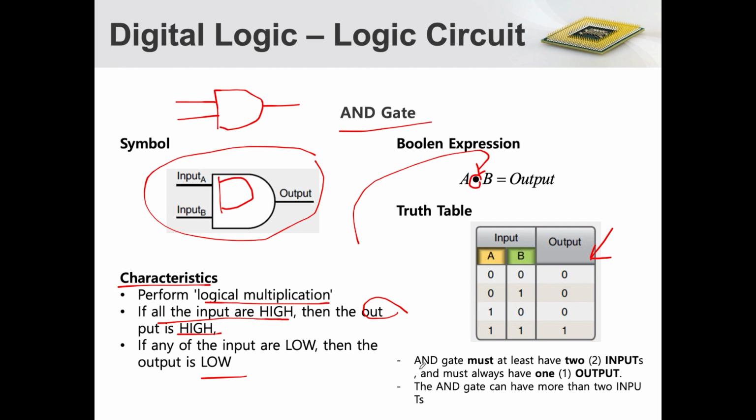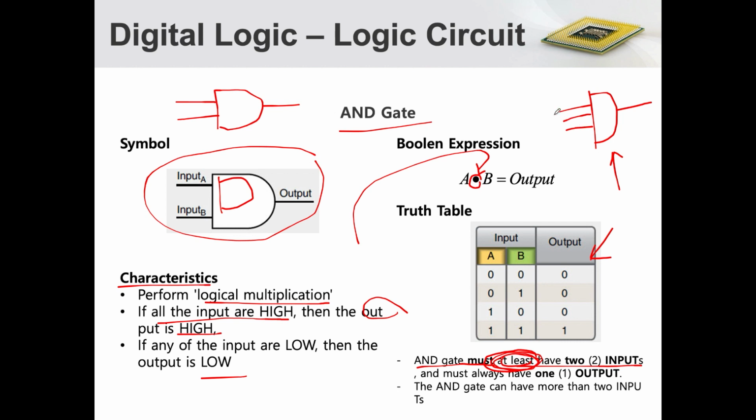And over here, an AND gate must have at least two inputs. So if you have, let's say, another example, you have this as output, and let's say you have this, it is still an AND gate, because as you mentioned over here it must have at least 2.